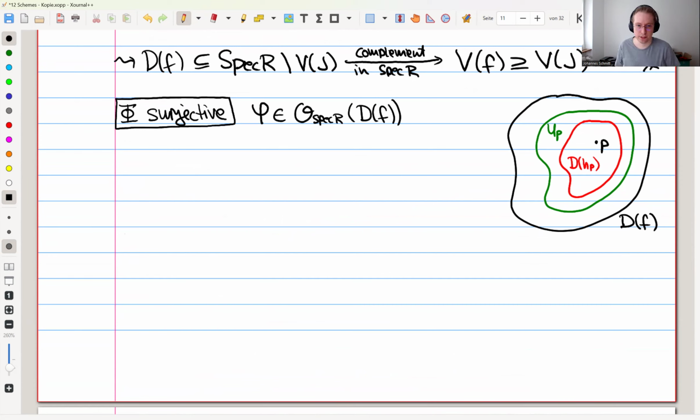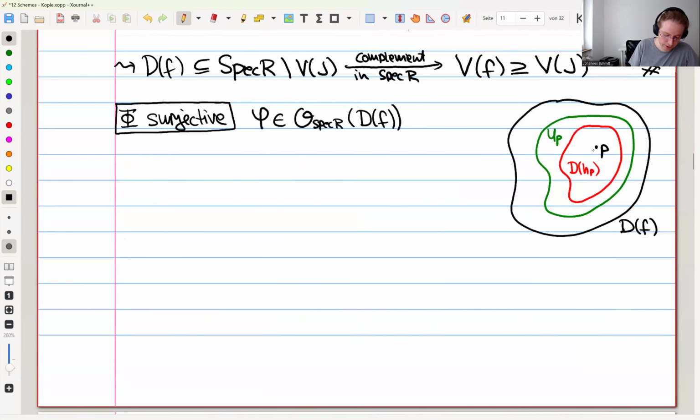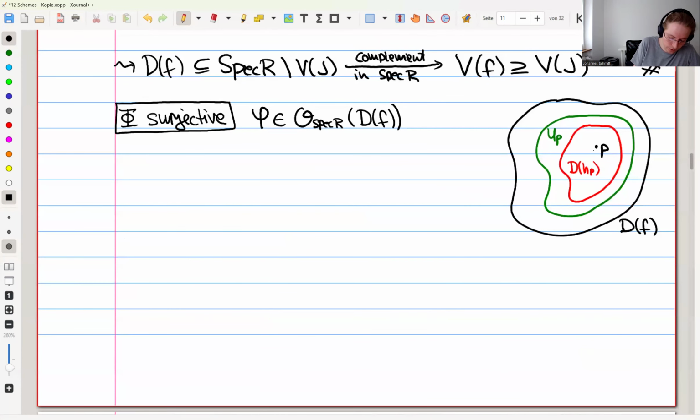So for surjectivity, we need to start with something in the image of the map, and then we need to show it comes from something in the domain. And so the first observation, so let's give ourselves any phi, which is a section on DF, defined everywhere. And then this means that for any point in DF, we have this local condition.